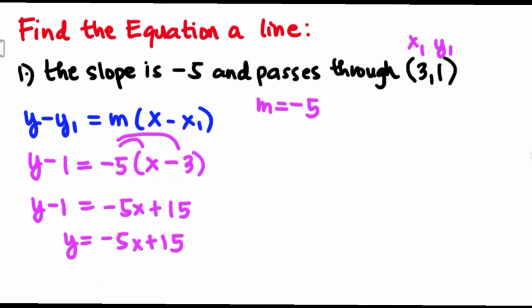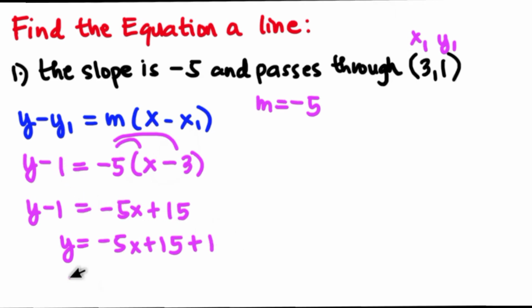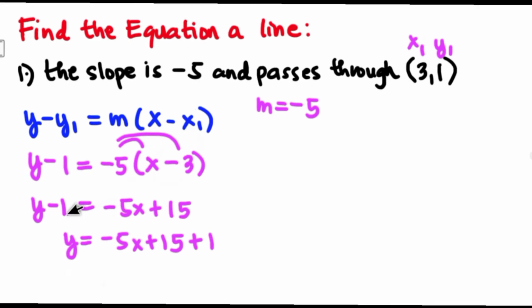Mag-add tayo both sides ng kabaligtaran ng negative 1 and that is positive 1. So, cancel out na dito yung negative 1. Dito naman is plus 1, because positive 1 yung kabaligtaran ng negative 1. So, using addition property of equality, wala na po yung negative 1 dito.